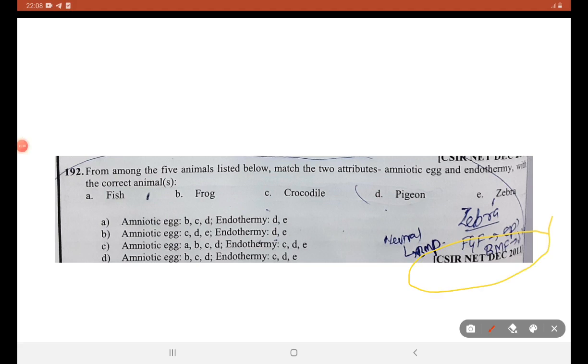CSIR NET, December 2011. Fish is not an amniotic egg because fish lay eggs in the outside environment. So option C can't be the correct answer. B is the right answer.